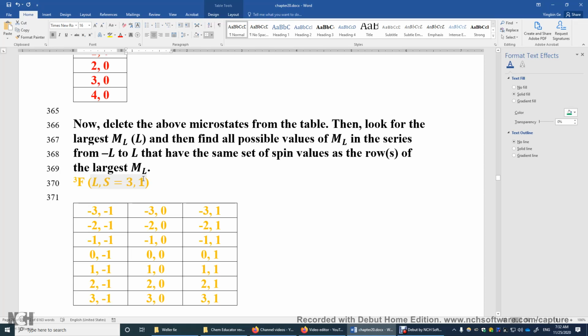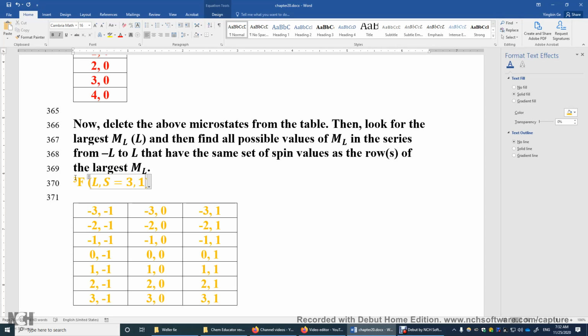The atomic term symbol is 3F. So again, when L is 0, 1, 2, 3, we have S, P, D, F. So it's F here. And we use uppercase for a group of electrons in an atom. This is 2S plus 1, so 2 times 1 plus 1 is 3. That's the spin multiplicity. So we call this a triplet spin multiplicity.